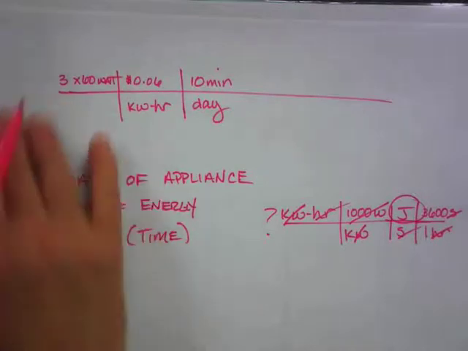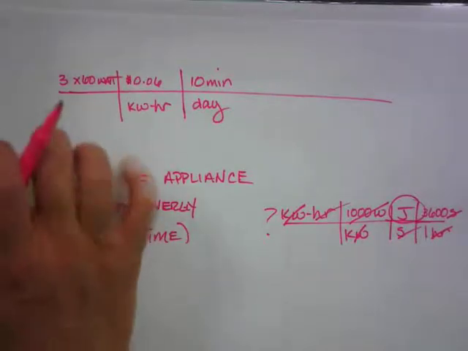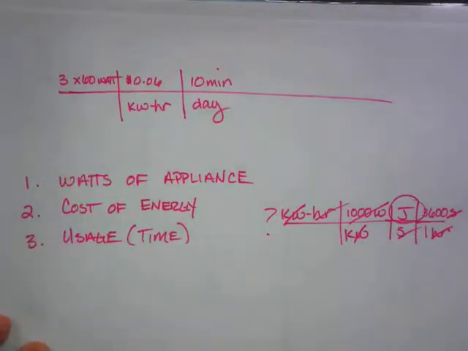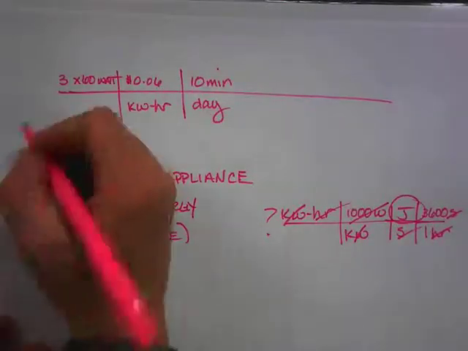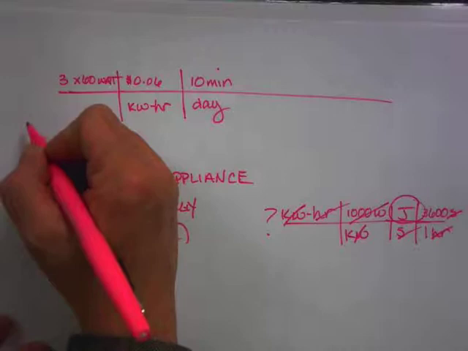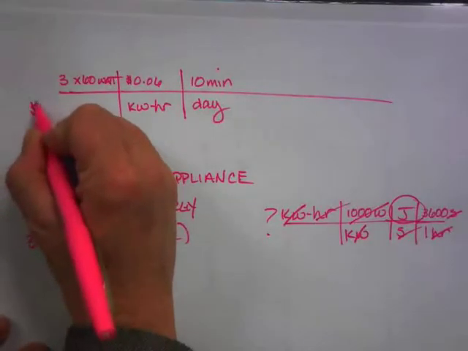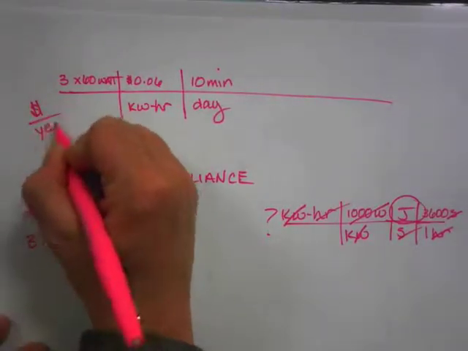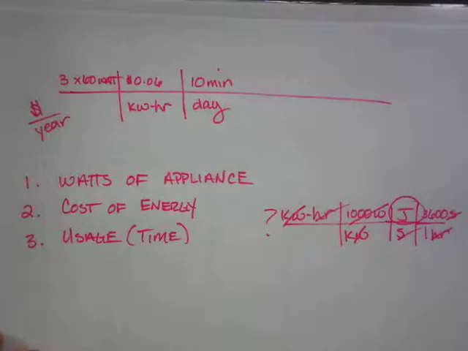And I'm guessing Mr. Luckritz has taught you, what should you put over here as a little reminder when you do factor label problems? What you're trying to get. So this was the goal.